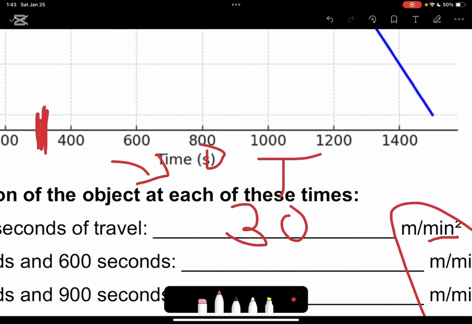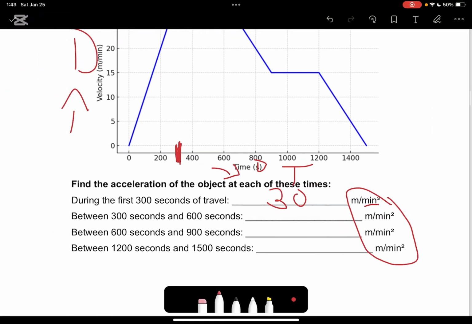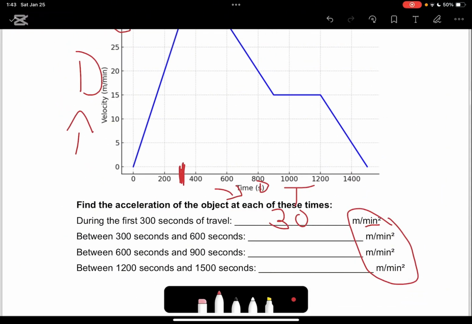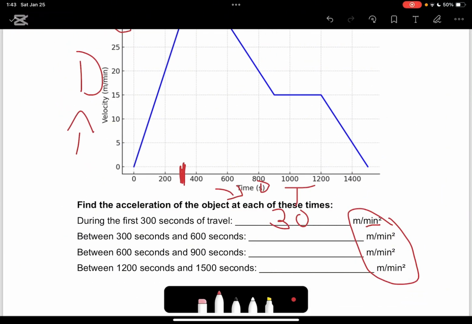Just put 30, because this velocity is in meters per minute. So this is correct if you want to just put the answer quickly. The first one is 30.